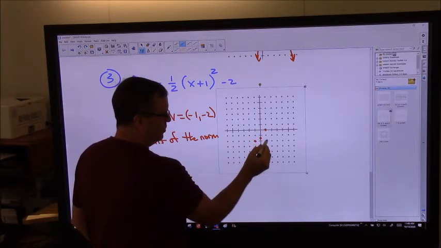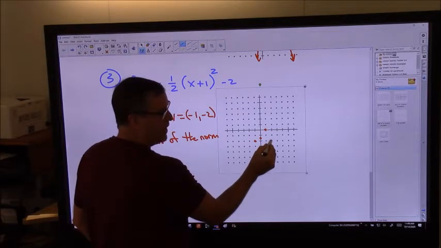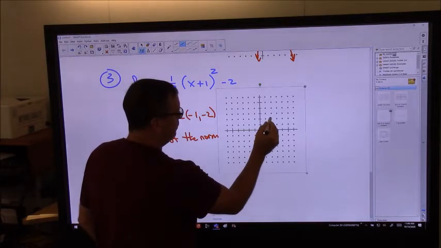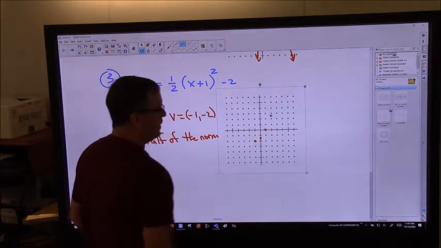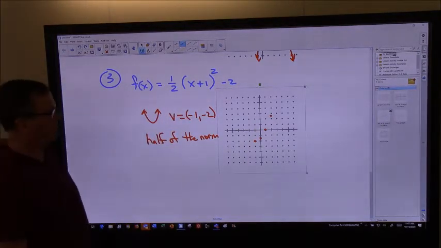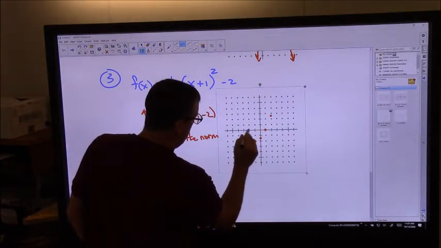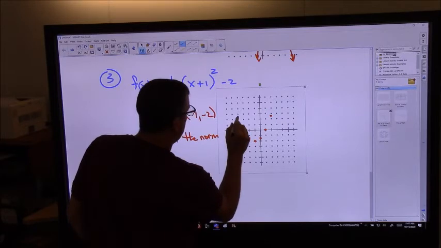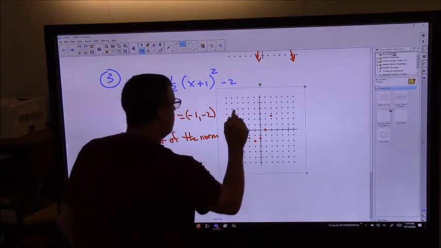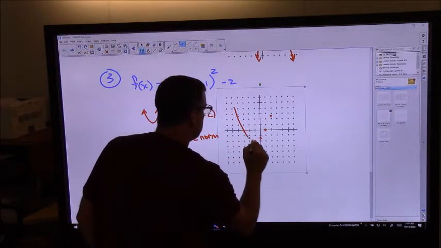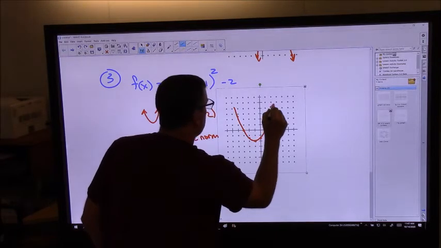And if I go 1, 2, 3 units over, then from this point right here I need to go up 9, but half of that is 4.5. So 1, 2, 3, 4 and a half. And I think that's plenty to see what this graph looks like. So we'll get symmetry on the other side. And there's that parabola.